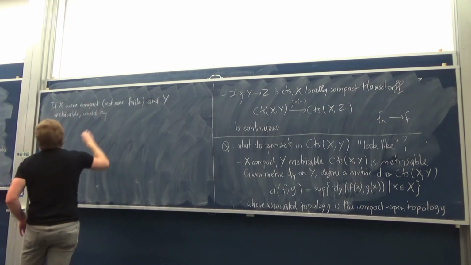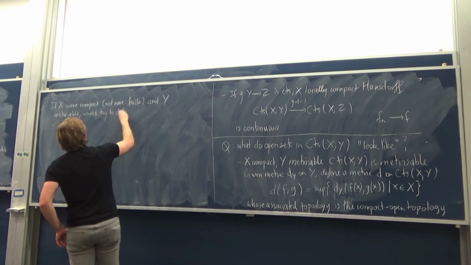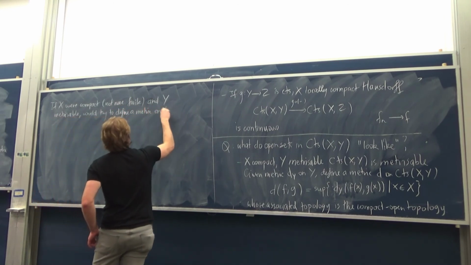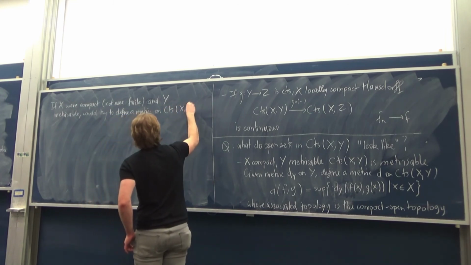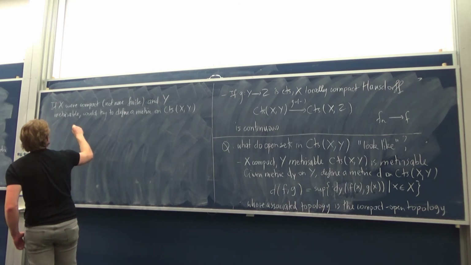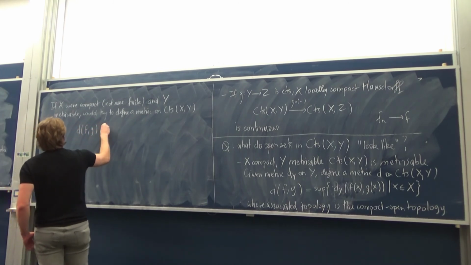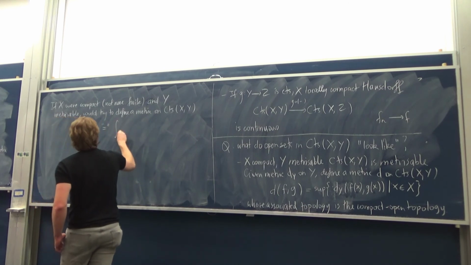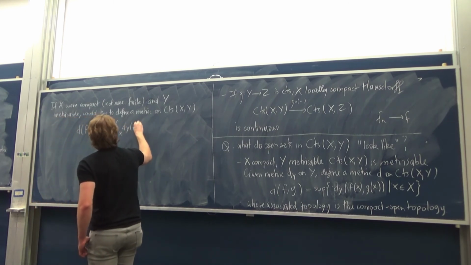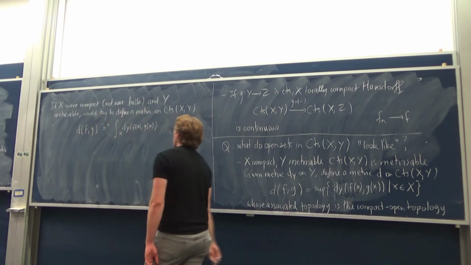well, we might like to write down a metric on this set of continuous maps from x to y by some formula which just replaces the sum by an integral, right? So you could say the distance between f and g equals the integral over x of the distance between f of x and g of x.